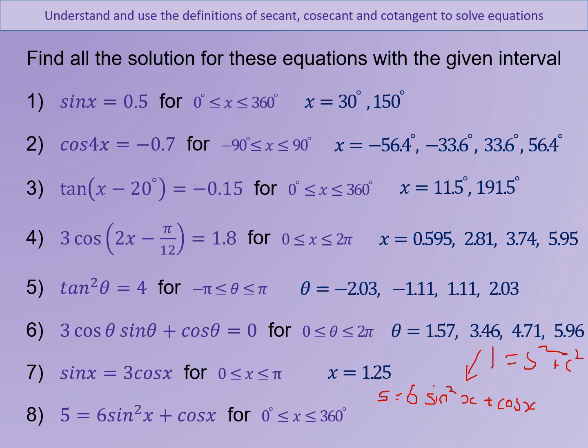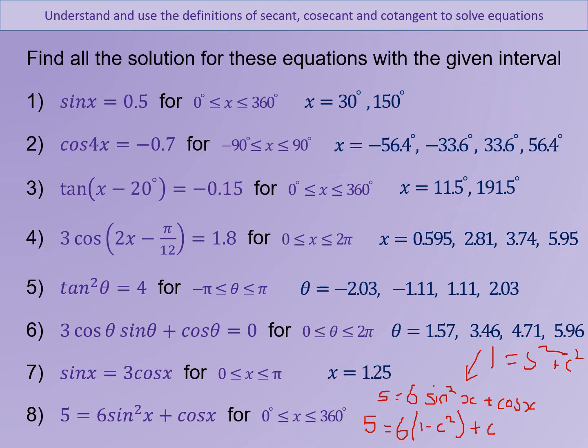So 5 equals 6 lots of 1 minus cos squared x plus cos. Right, so that is a lot more helpful because I can rearrange it and hopefully write it as a quadratic.